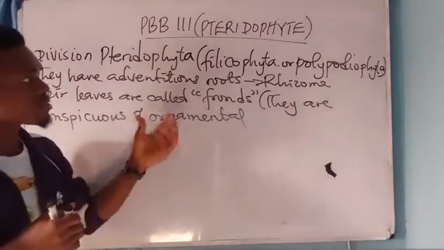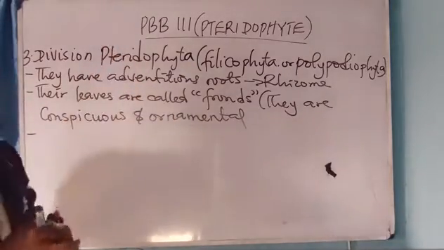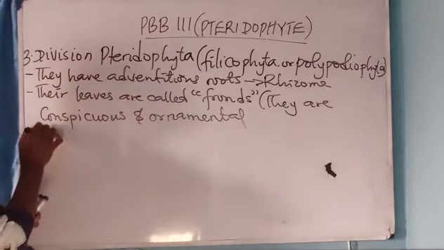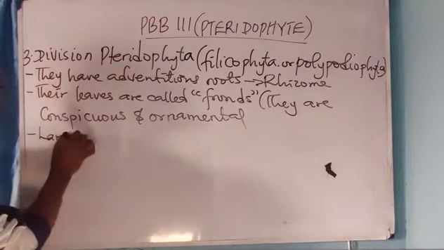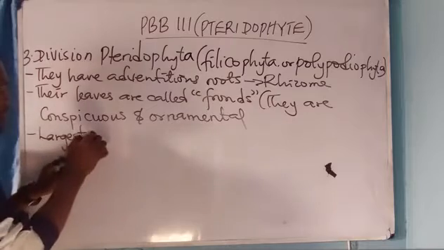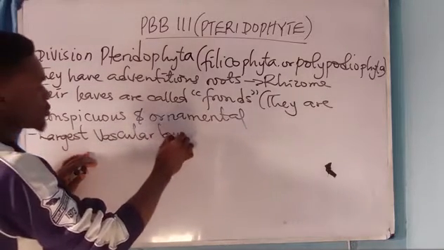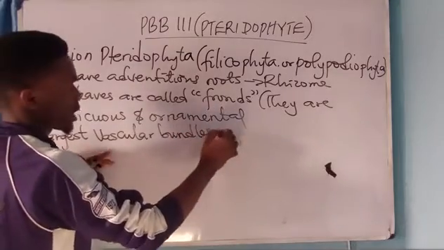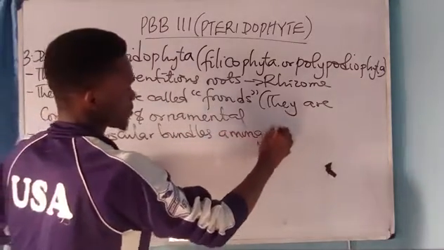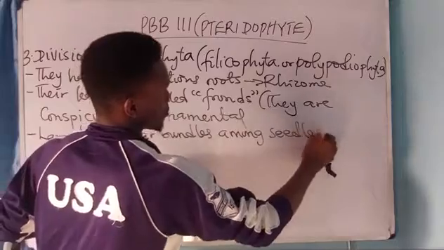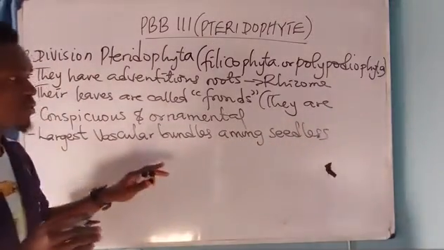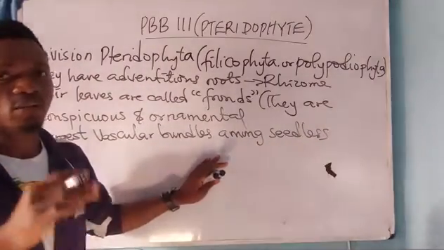Another one: this group, which are the Pteridophytes, contain the largest vascular bundles among seedless plants. Now, the seedless plants are actually the bryophytes and the pteridophytes.